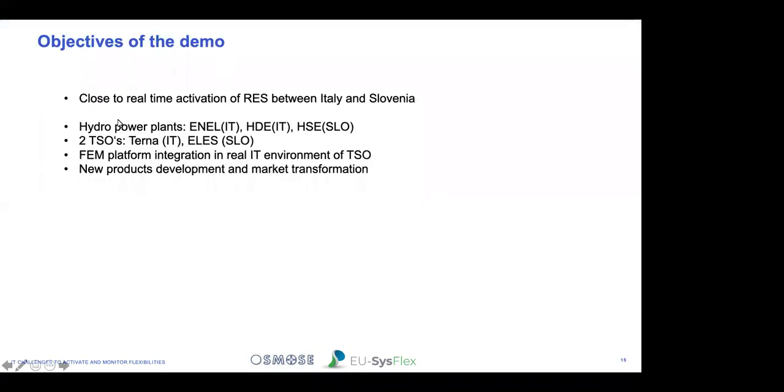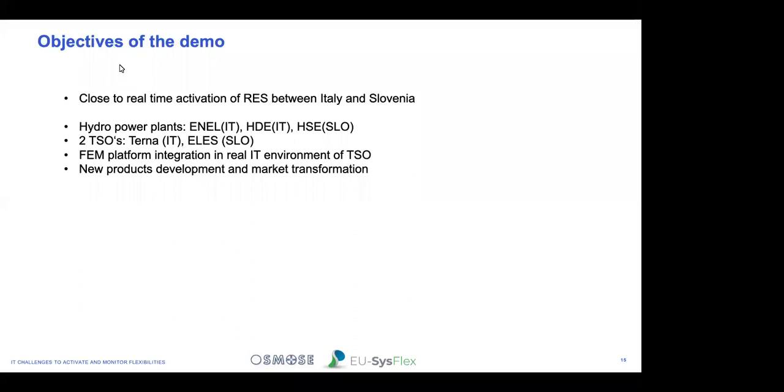So in that specific demo where we are now, ELES, the transmission system operator from Slovenia, where I'm working, is actually leading this work package. So we would like to achieve close to real-time activation of the renewable energy sources between Italy and Slovenia.